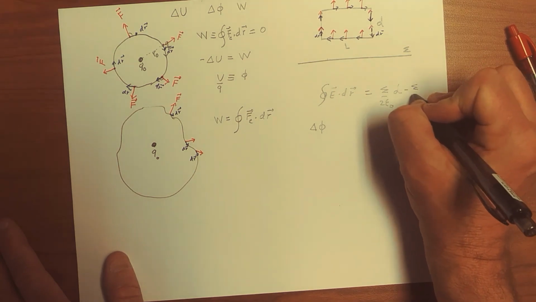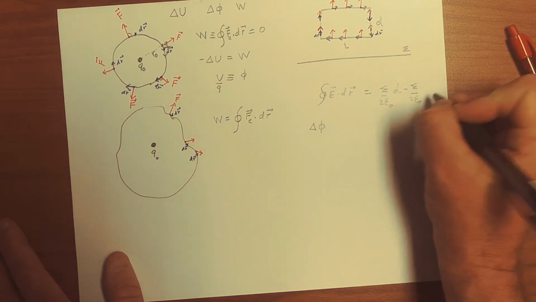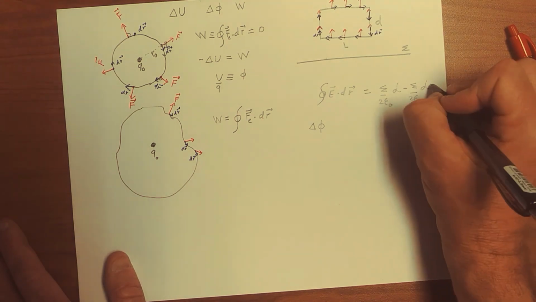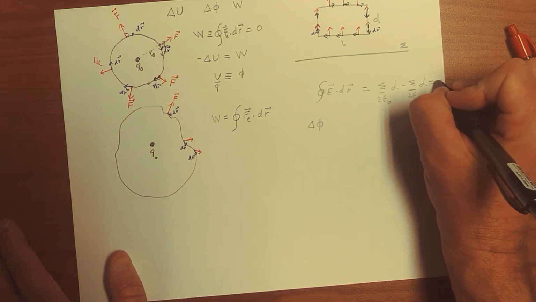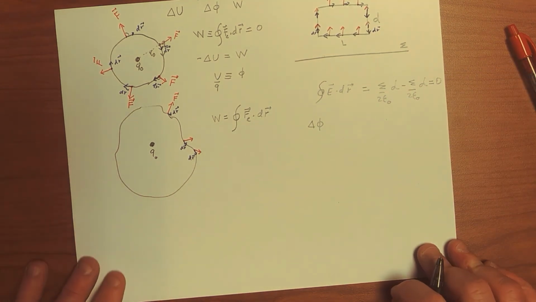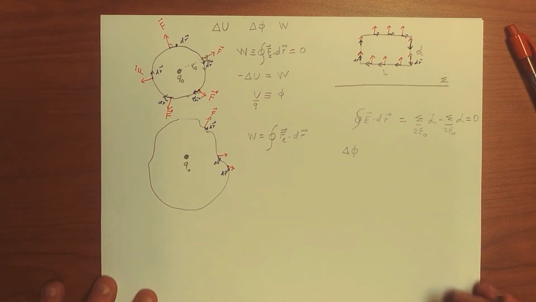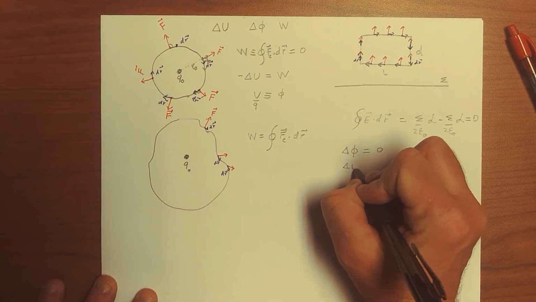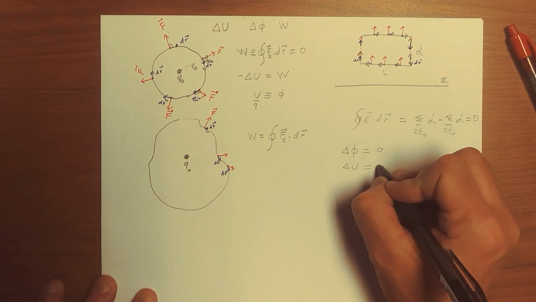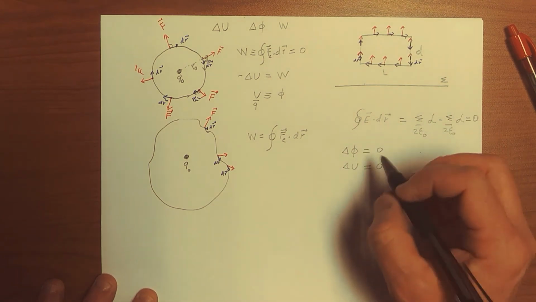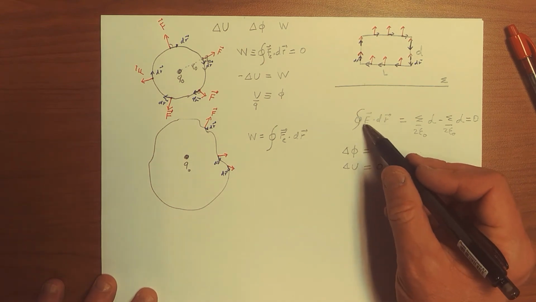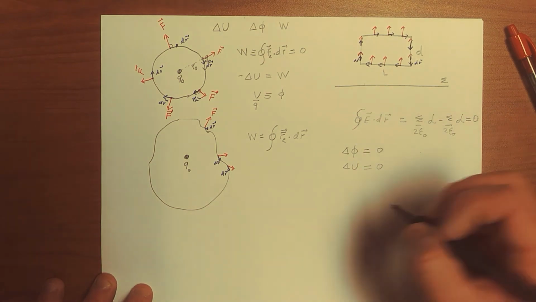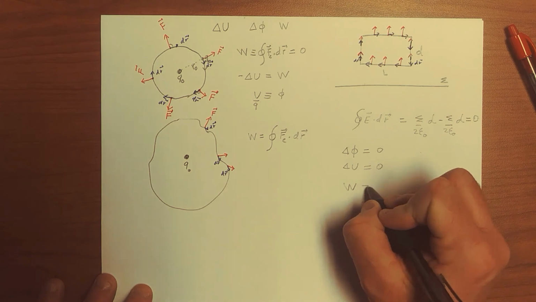So we get sigma over 2 epsilon naught times minus d, and of course, that adds up to 0. So the closed loop integral of the electric field is 0. Delta phi is 0, and that's related to difference in electric potential energy. That's 0, and the work, of course, is related to this by a charge. It's just a constant, so the work must also be 0.